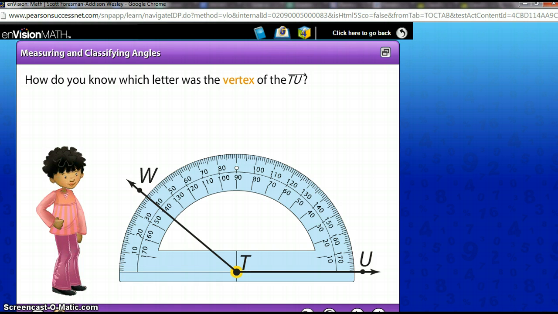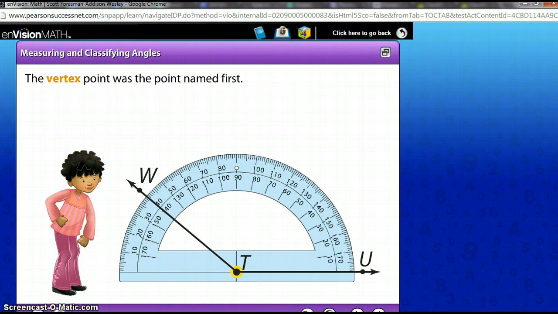You always start with your endpoint letter. So T was the vertex. If I said ray ST, what would the vertex be? S or T? Everybody? S. It's the first letter that you say that's going to be your vertex letter, your endpoint letter. The vertex point was the point named first.